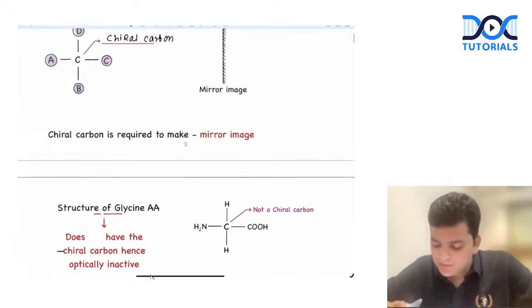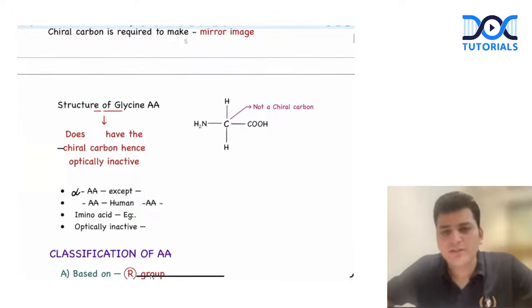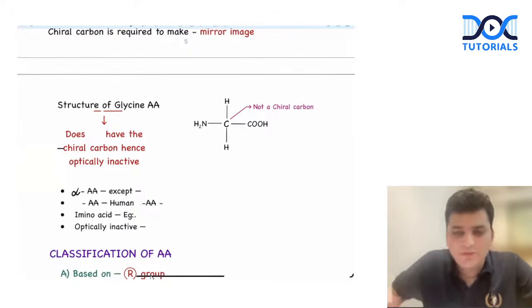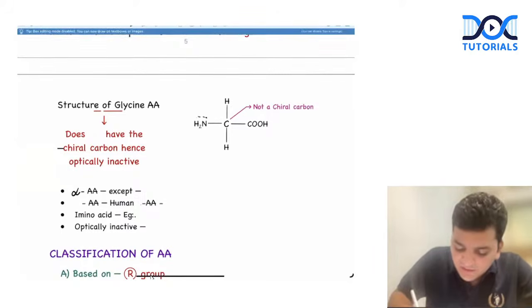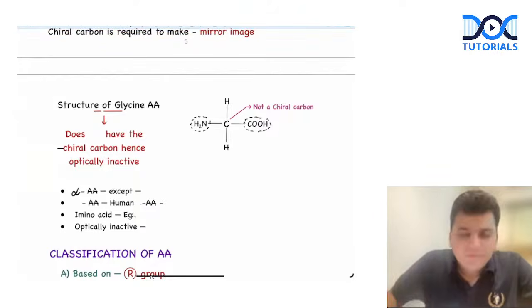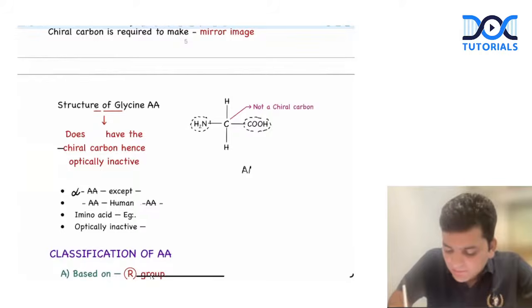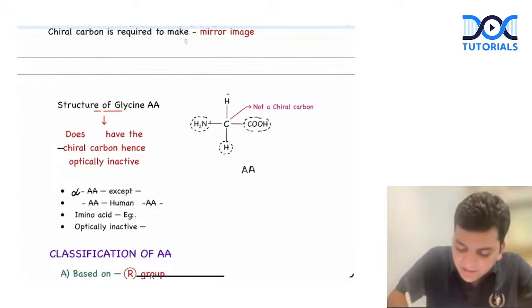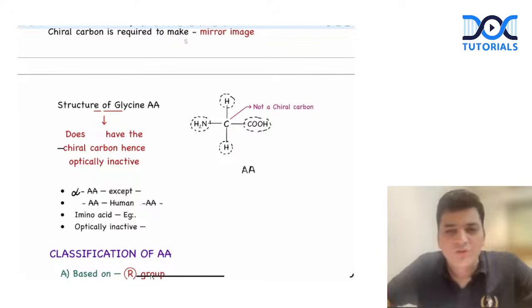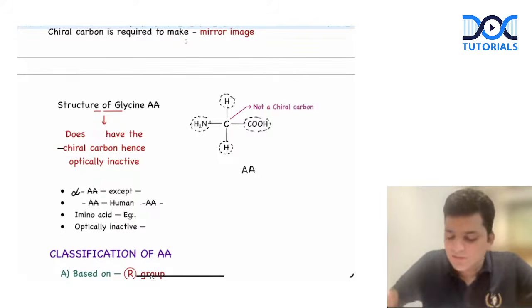Now, the problem is that there is one amino acid. Look at the structure of this amino acid. Here is the amino group. Here is the acidic group, which means it's an amino acid. And the third valency is hydrogen. And the fourth valency can be anything, and here it is hydrogen. So the third and fourth valencies are the same. And if the third and fourth valencies are the same, I can say it's not a chiral carbon.